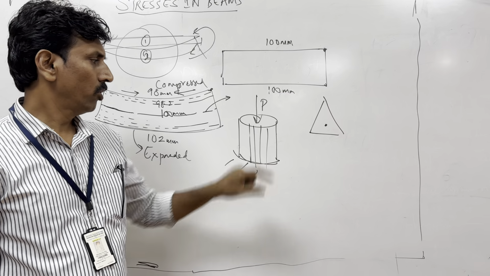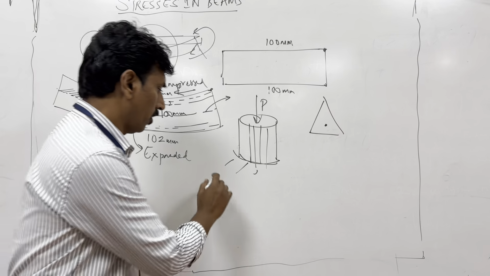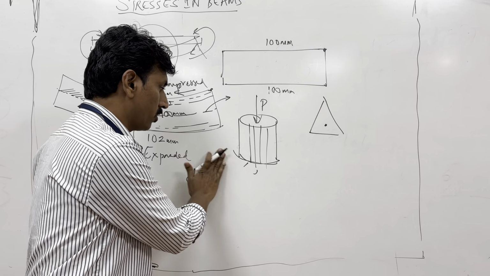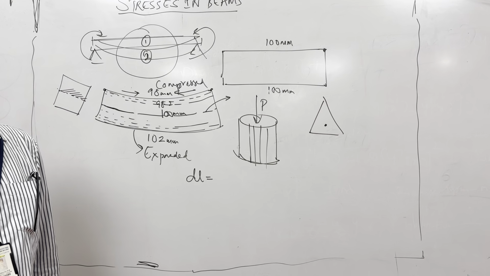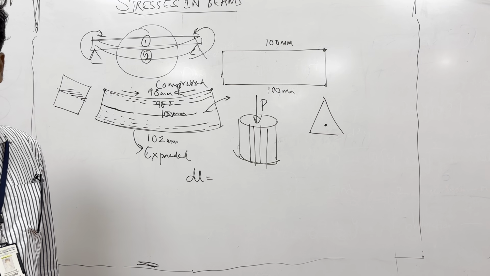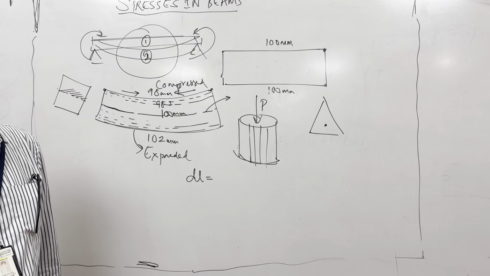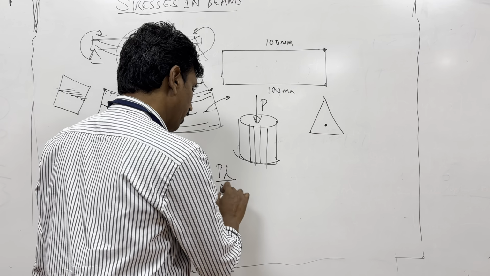Okay, now you know that we have an equation, dl is equal to, so can you tell me what equation you use to find the change in length when you apply a load P, original length L, area A, Young's modulus E? Now what is the formula? PL by AE.